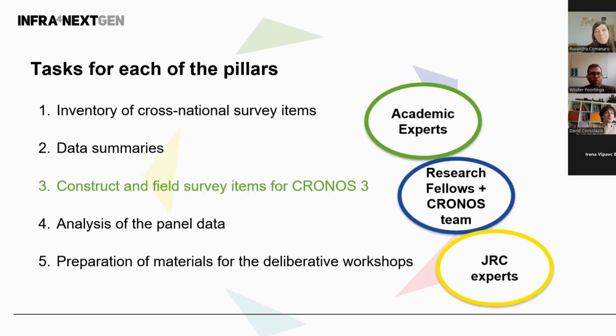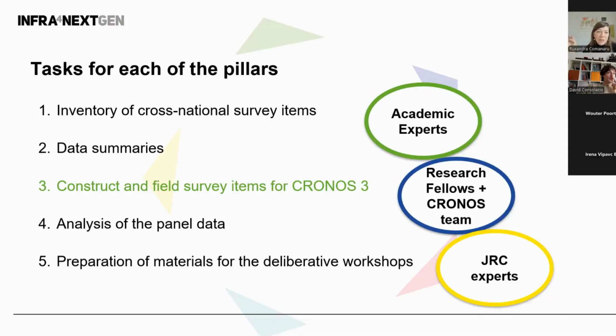So there are, as we discussed, different tasks for each one of the pillars, and we have created what we call the engine room for each one of the pillars, and this is basically what drives the whole research. So it's the academic experts, the research fellows, so David, Julia, and me, and together with the Chronos team, from the European Social Survey and the JRC experts.